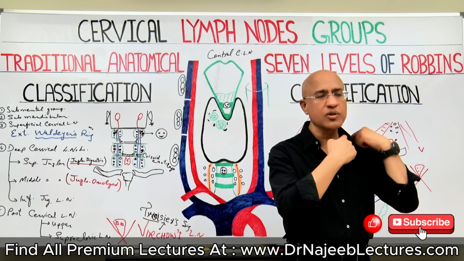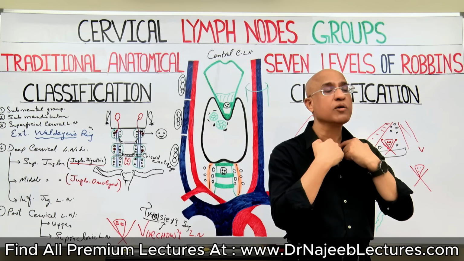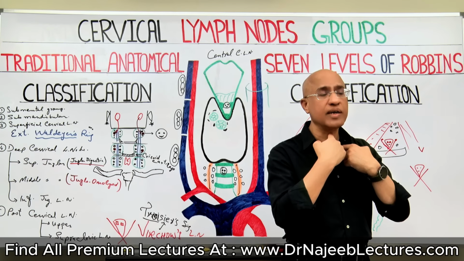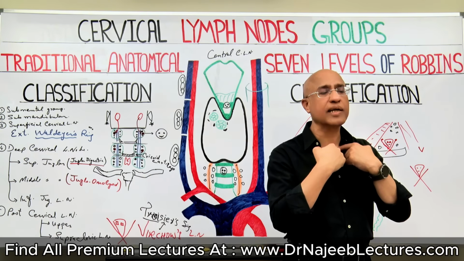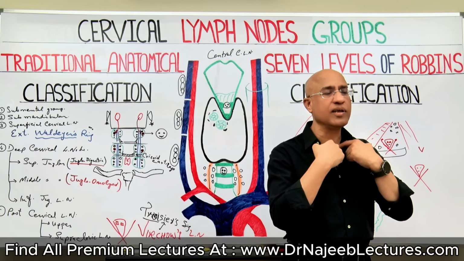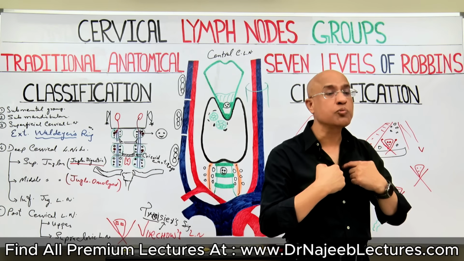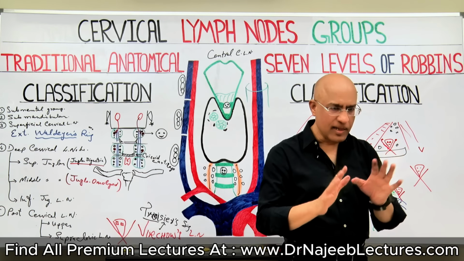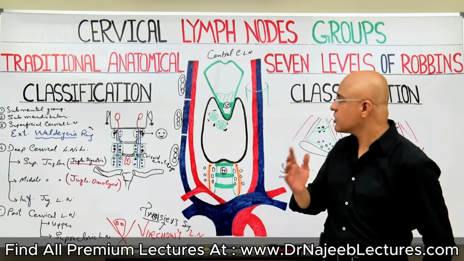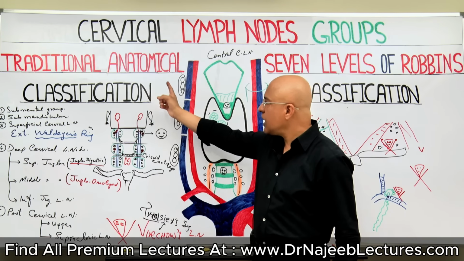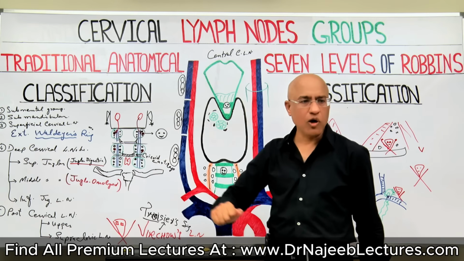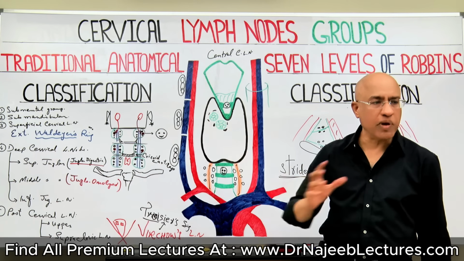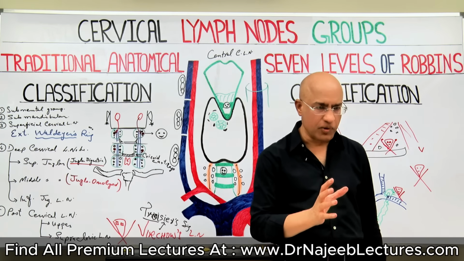Don't forget the Virchow, and then the central group, and don't forget the Delphian, right? That is in front of prelaryngeal, and then pretracheal, then paratracheal, and lastly superior mediastinal lymph node, right? This closes our discussion on the traditional anatomical classification of cervical lymph nodes.